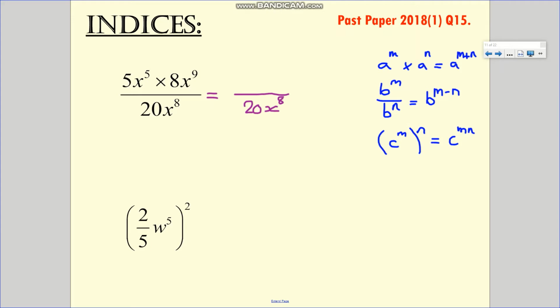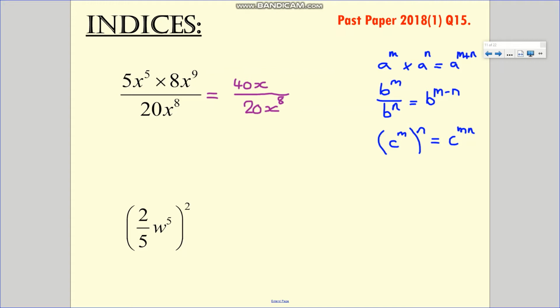Okay, so to multiply these two indices on the top of this fraction, we're going to multiply the front numbers first of all. Okay, because they're just whole numbers, they're not indices. They don't follow any rules of indices. We're just going to multiply them like we would multiply a 5 and an 8 in any scenario. Okay, we're going to put our base down, which is x, and then we're going to apply the first rule of indices that I've listed at the right hand side here.